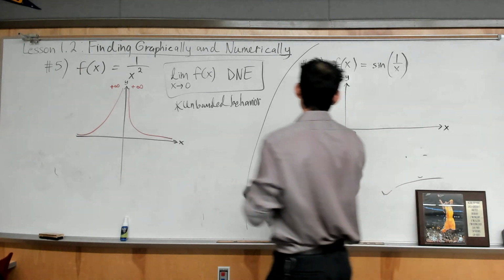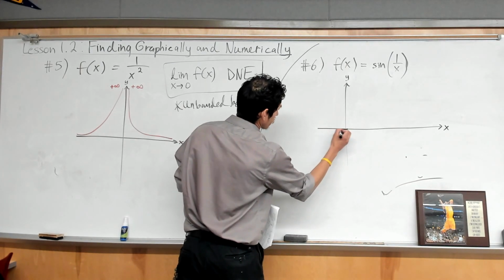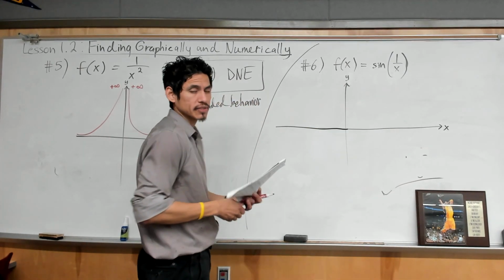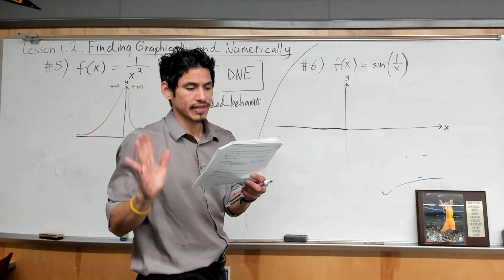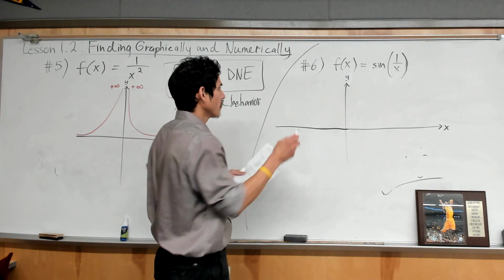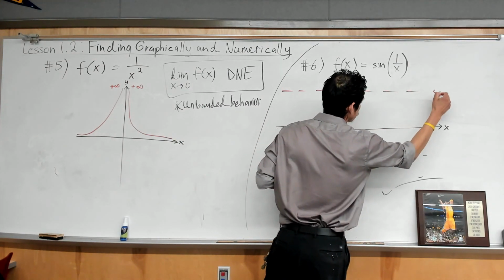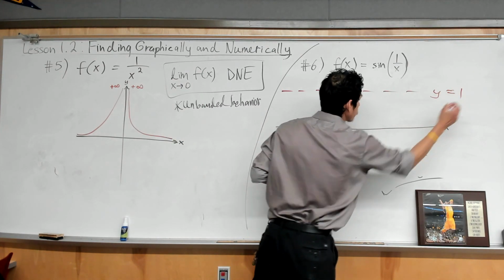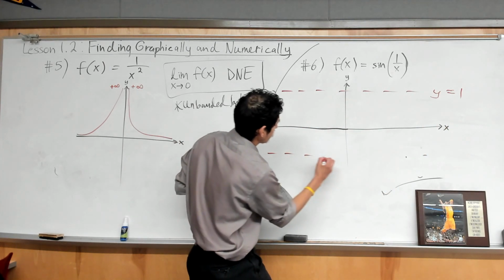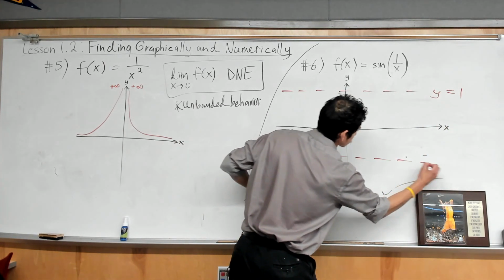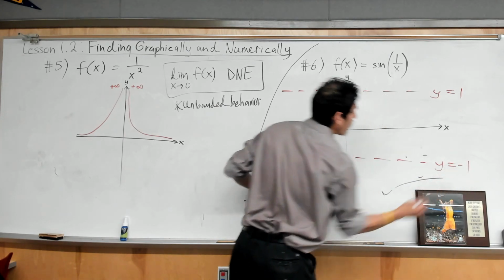We're going to see some oscillation behavior. Now, first, let's make sure we understand that the sine function can never get greater or less than positive or negative 1. So let's put a boundary line at y equals 1, and another boundary line at y equals negative 1, like so.